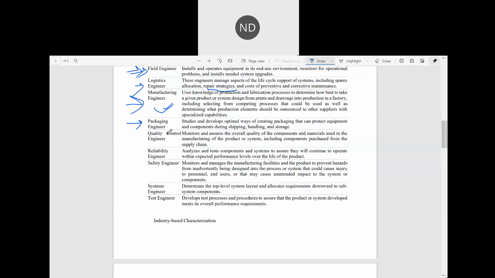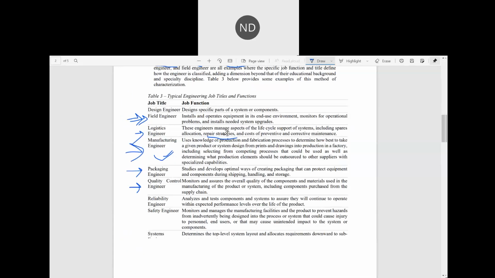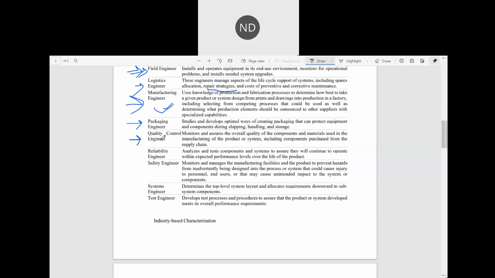Okay, so the quality control engineer, which I think I mentioned in the previous slide. What will they do? They will monitor and assure the overall quality of the components and materials. I think you people were in the fourth semester, right? Yes, I had taught you about this.